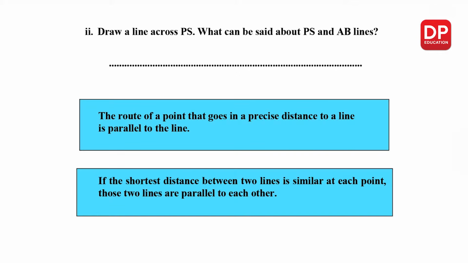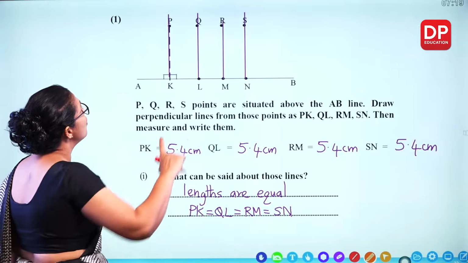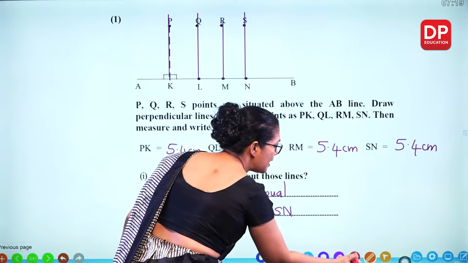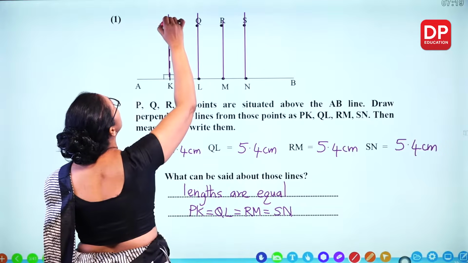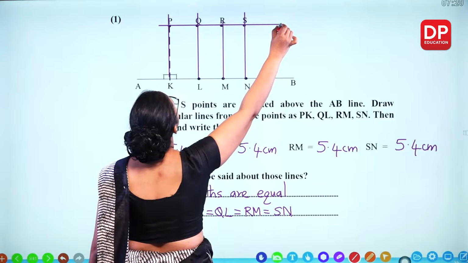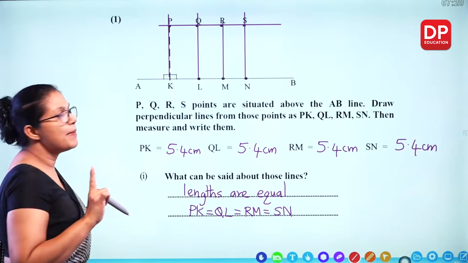Draw a line across PS. What can be said about the PS and AB lines? They are asked to draw a line along P and S, connecting P and S. So you can use the ruler. Take the ruler and connect P and S. What can you say about these two lines, PS and AB?